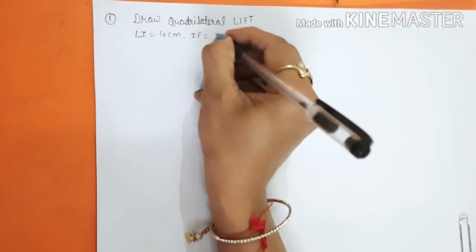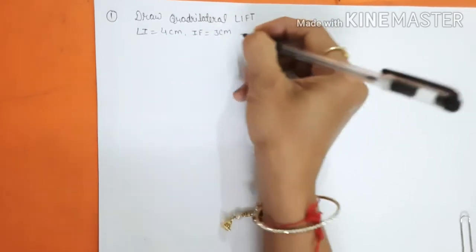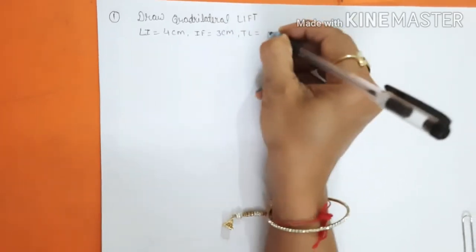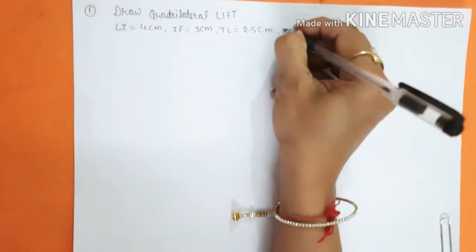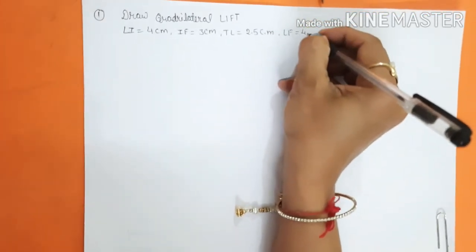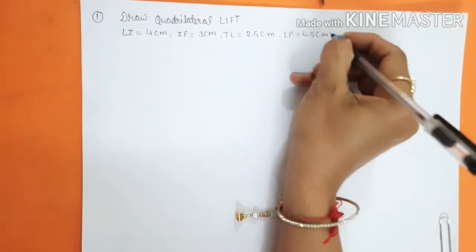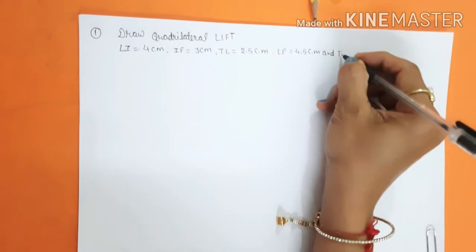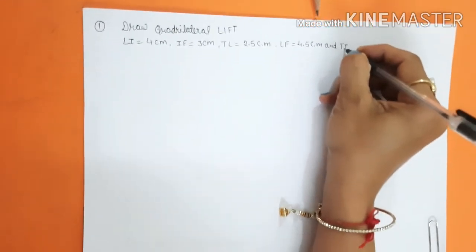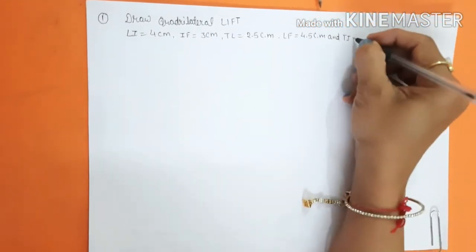IF is equal to 3 centimeter. TL is equal to 2.5 centimeter. LF is equal to 4.5 centimeter. And TI is given 4 centimeter.